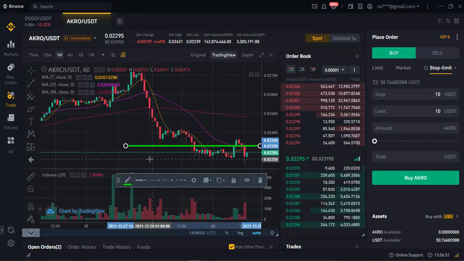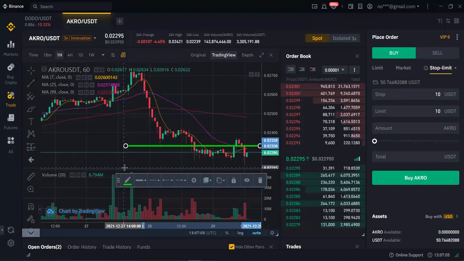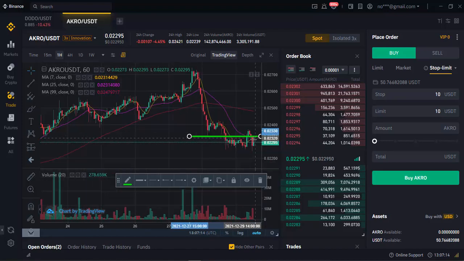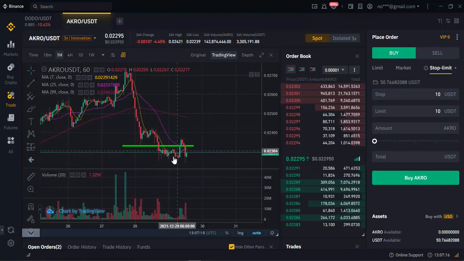The next price is 0.02210. That is actually very low, and I want us to get this.